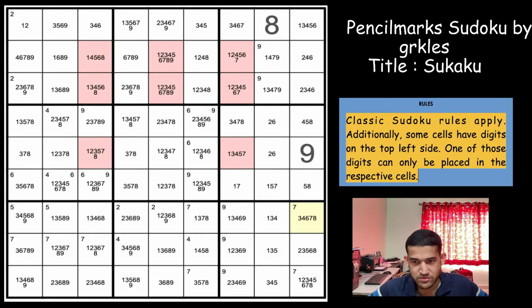Is that helping? Not really, because still there are huge number of 5s. Okay, so what I'm going to do, I'll remove the colors now.